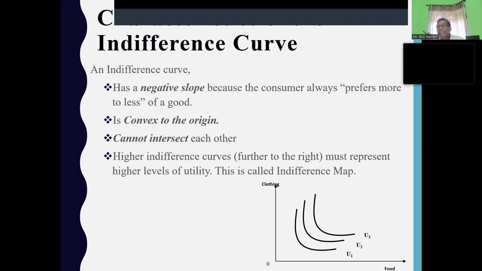You have to mix proportionally, some units of X with some units of vegetable. Then the indifference curve may be L shaped.